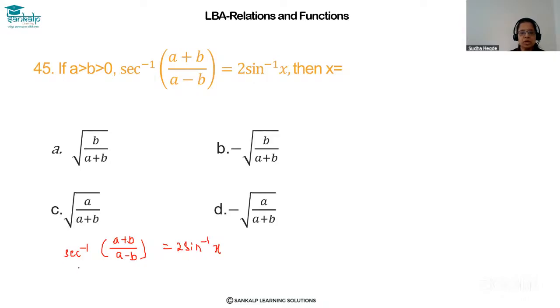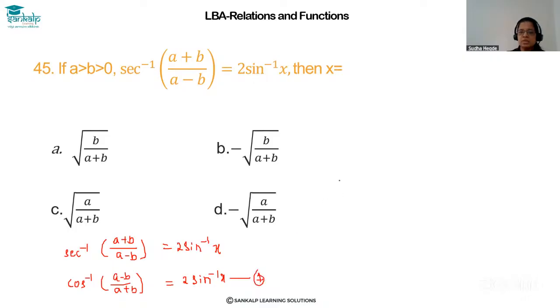So now you convert secant inverse in terms of cos inverse. So cos inverse is equal to reciprocal. So cos inverse of A minus B divided by A plus B is equal to 2 times sin inverse x. Correct? Take this as equation 1.